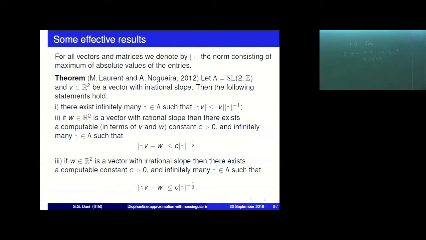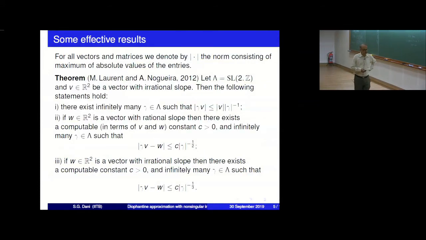The rest of the talk is mostly going to be about effective results. Here is an effective result, due to Michel Laurent and Arnaldo Nogueira, from 2012. So the whole theory that we're talking about is not very old.